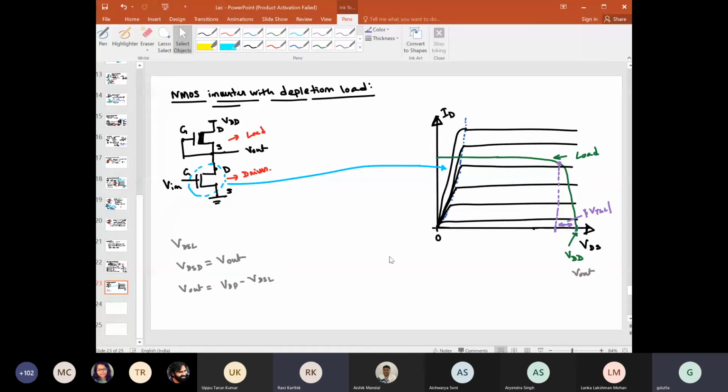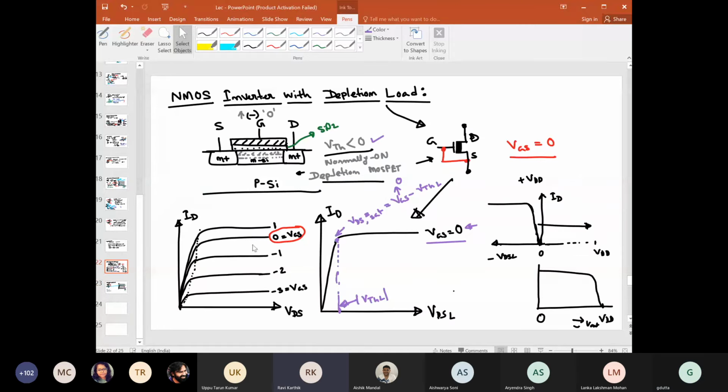The other plots won't be valid, right? I mean, where VGS equal to -3. Those are not valid for depletion. No, those are not valid. But these are the plots for this device, right? For this device, you can have any VGS. You can change this gate voltage to -3, -2, -1. No restriction for this device.